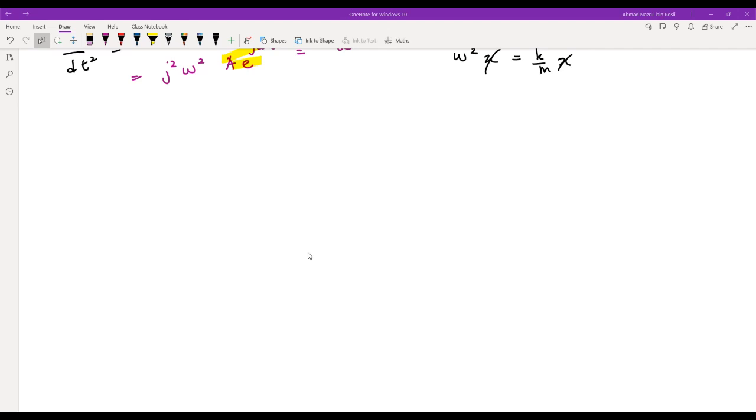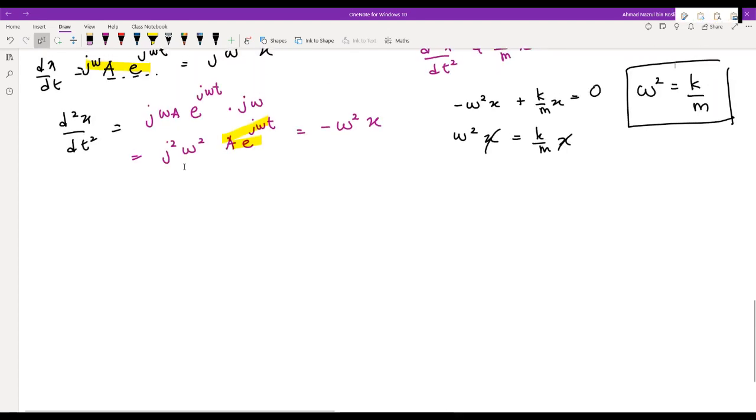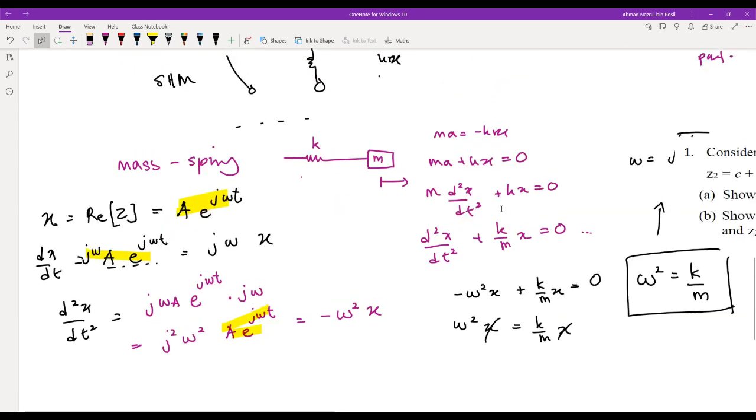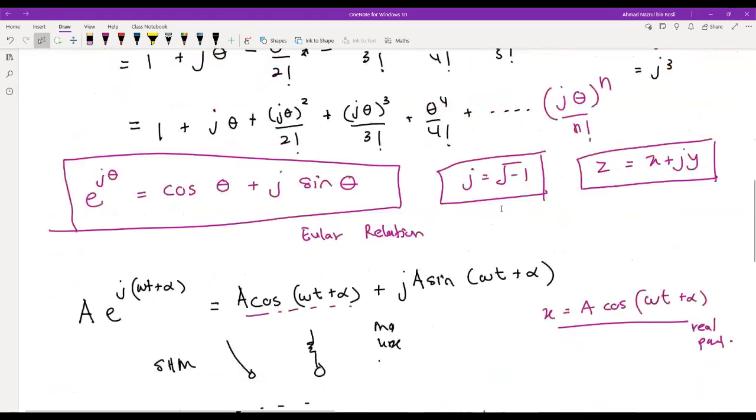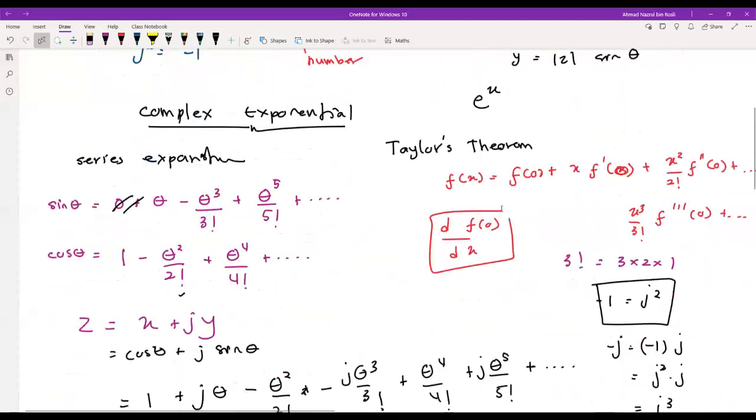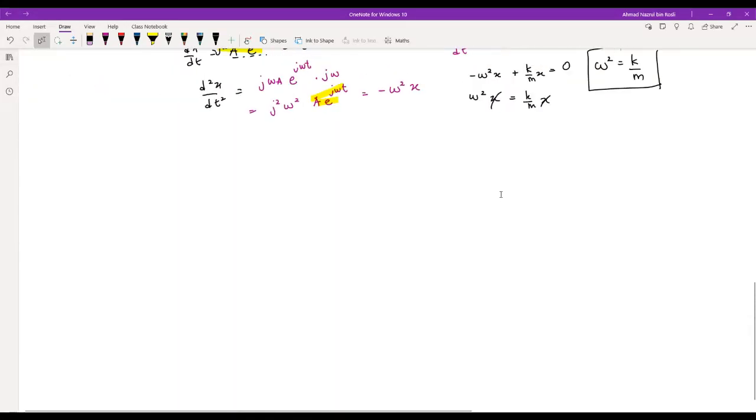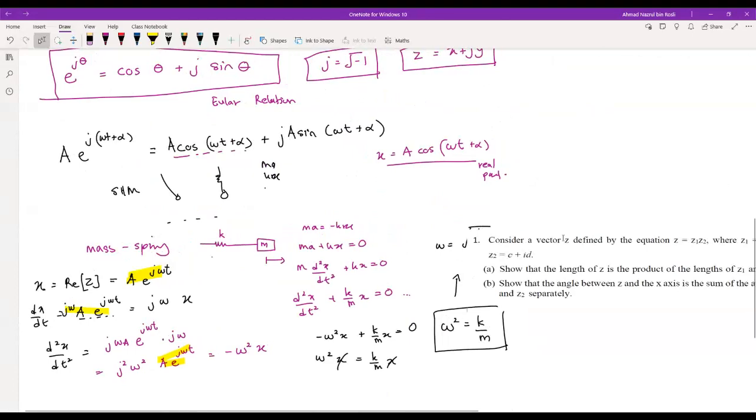So for the tutorial, we have z equal to z1 and z2. And we define z equal to a plus ib.